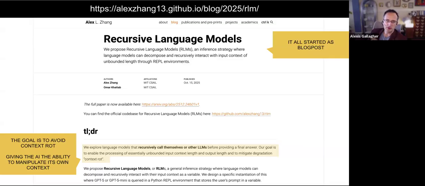So in this post, they highlight a few terms: query, root language model, environment, and context. And the root language model is like a master model that interacts with the environment. And from that environment, or maybe alongside that environment, it can send queries to other language models.